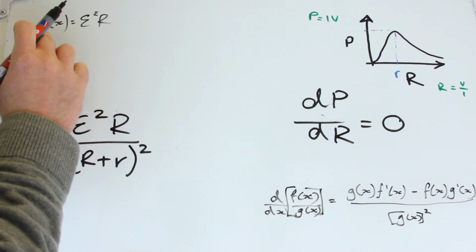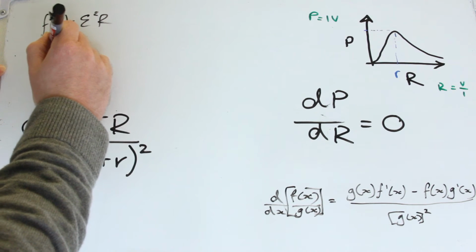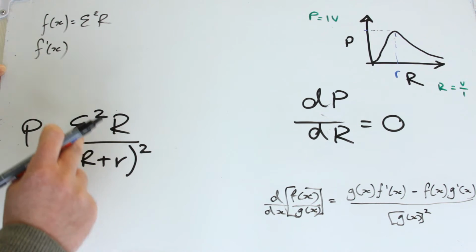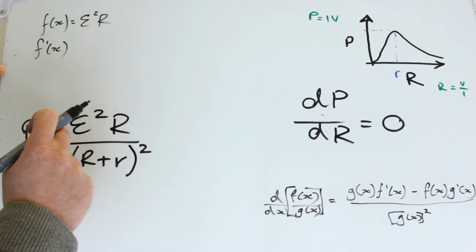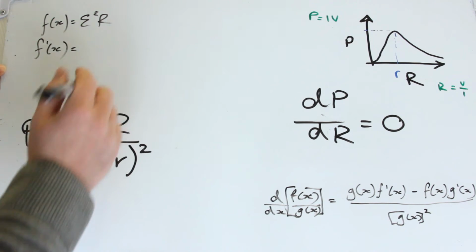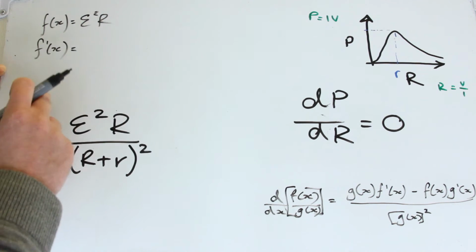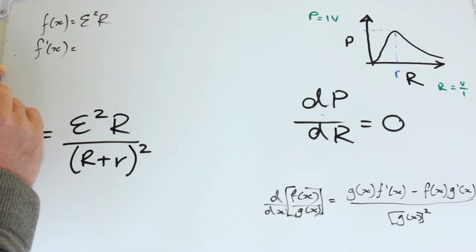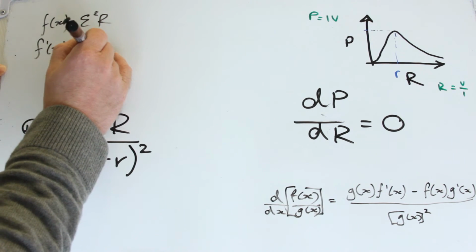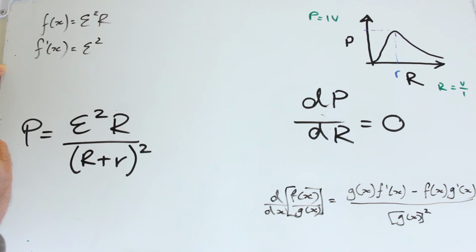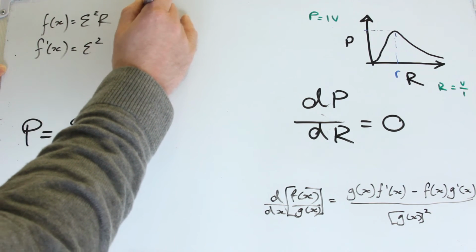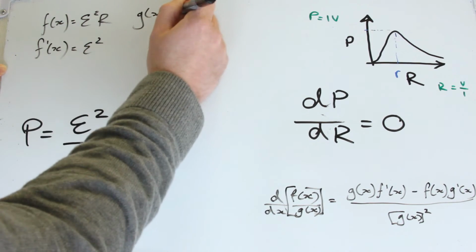And then the differential of f(x), which is, well, multiplied by the original power, reduce the power of r. Remember, I'm differentiating with respect to r here. Just E squared then. Then g(x), which is just the bottom line there.